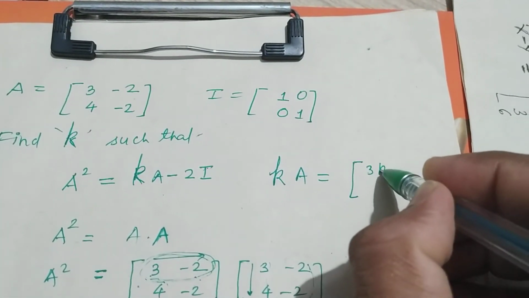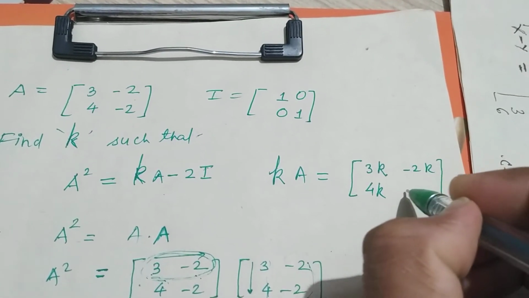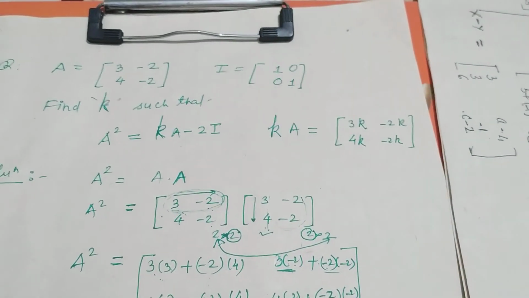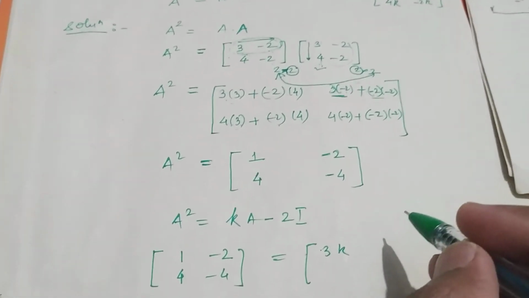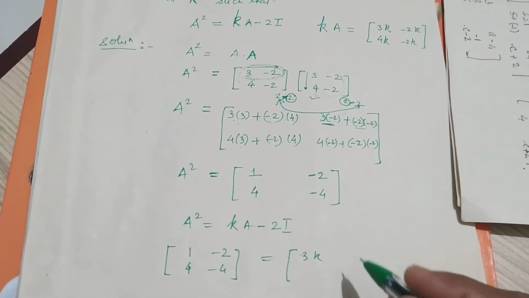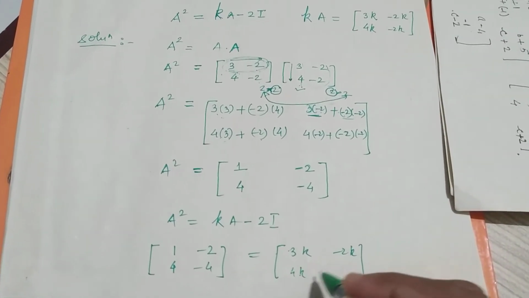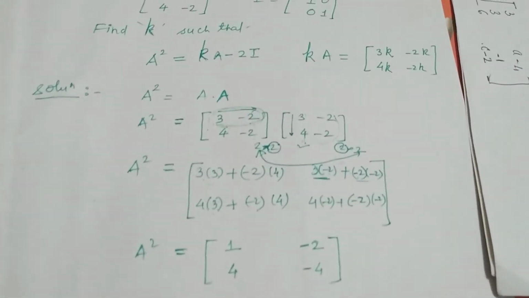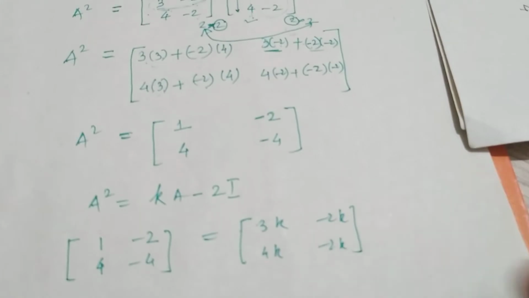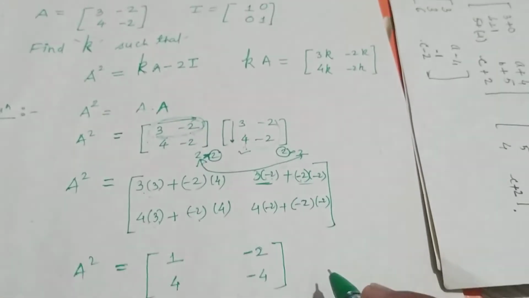So I'll write 3k, minus 2k, 4k, minus 2k, and then minus 2I.